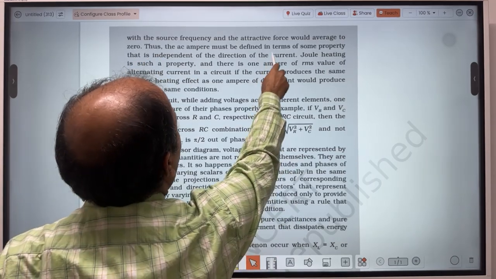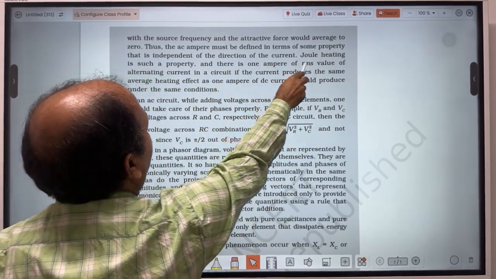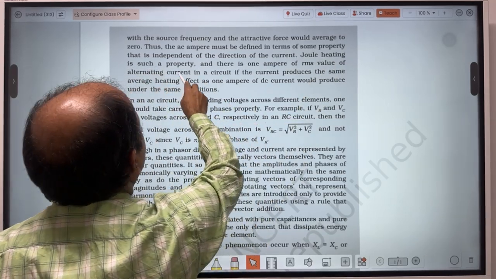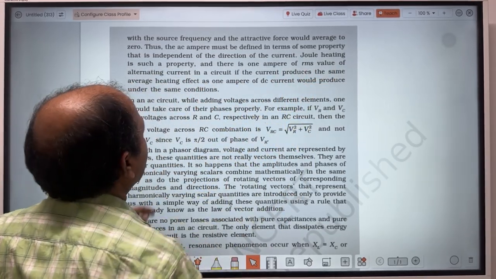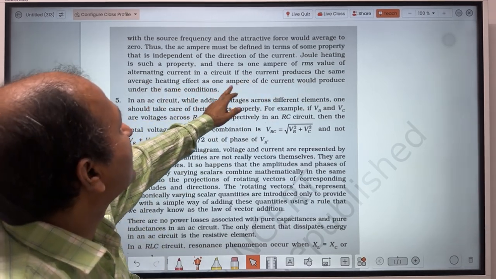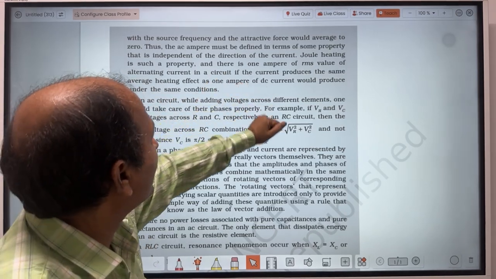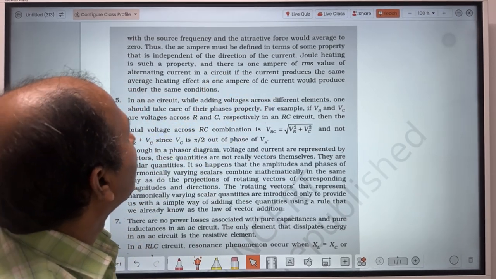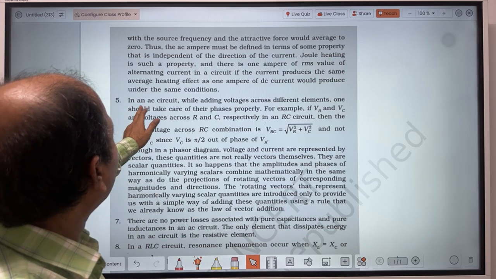So the AC ampere must be defined in terms of some property that is independent of the direction of the current. Joule heating is such a property, and there is 1 ampere of RMS value of alternating current in a circuit if the current produces the same average heating effect as 1 ampere of DC would produce under the same conditions. This is one important point. This is needed for different types of competitions, so you must know this.